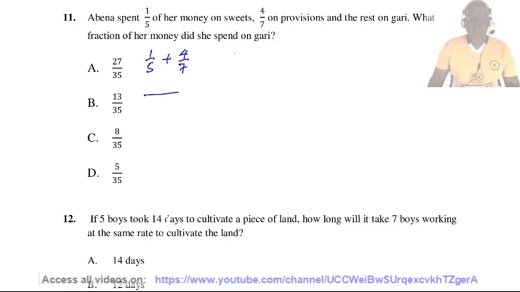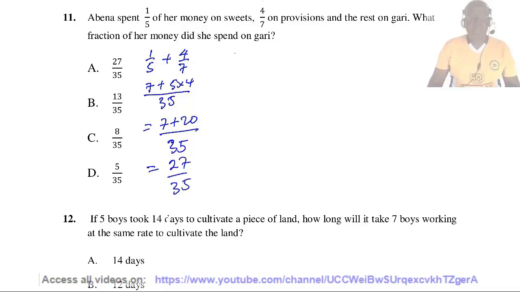The LCM is 35. 5 goes into 35, 7. 7 goes into 35, 5 times 4. So we shall get 7 plus 20 all over 35, which equals 27 over 35.